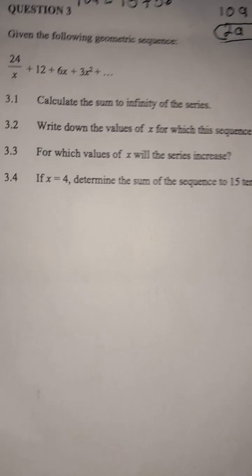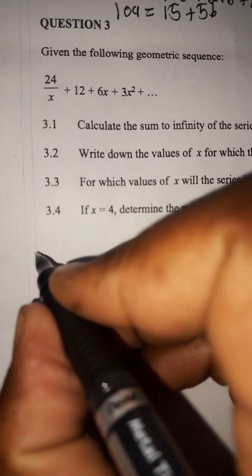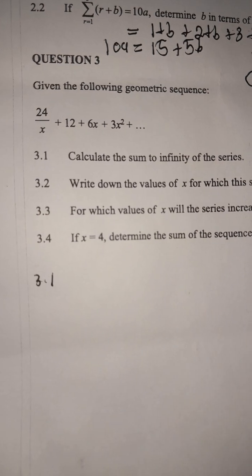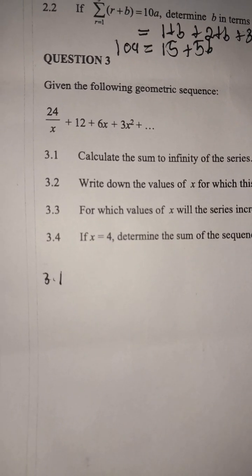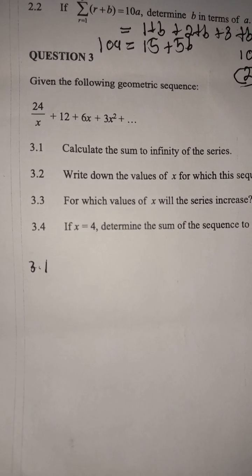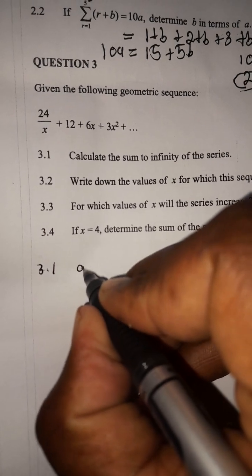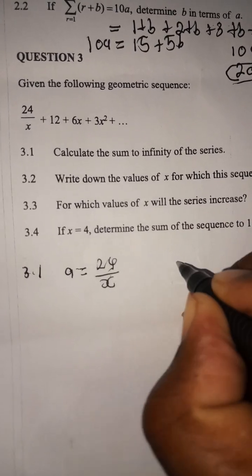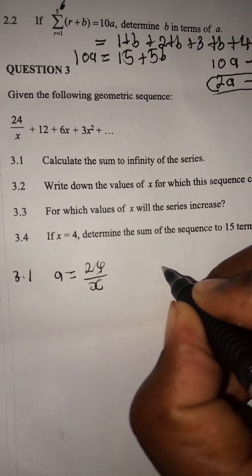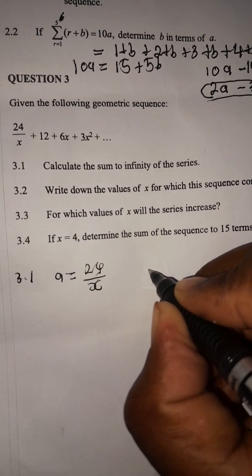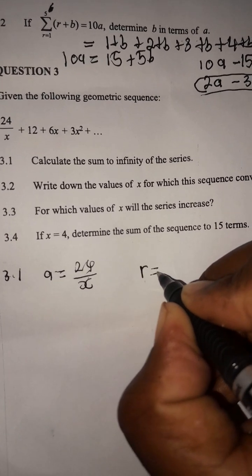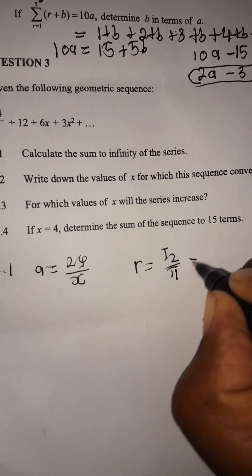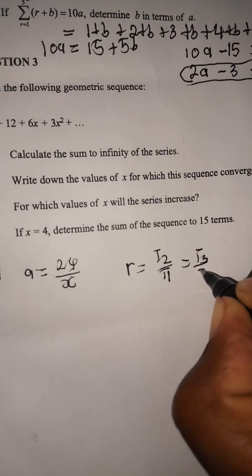First thing first, they said calculate the sum to infinity. Well, 3.1, for us to get the sum to infinity, guys, we need to get our first term first. We know that will be 24 all over x. Then for our common ratio, we know that will be t2 divided by t1 and t3 divided by t2.